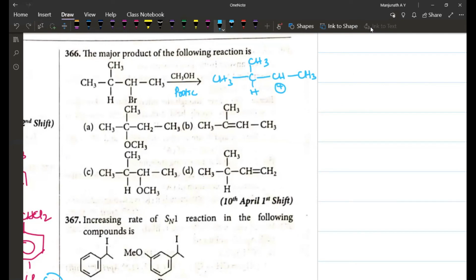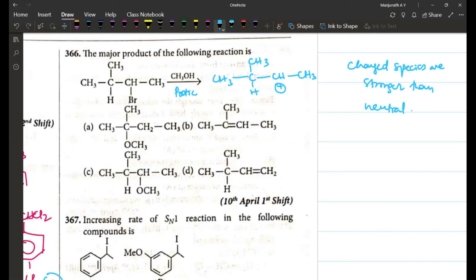Always remember, charged species are stronger, whether as a nucleophile or as a base, than neutral species. In fact, neutral species acting as a base is very, very difficult.